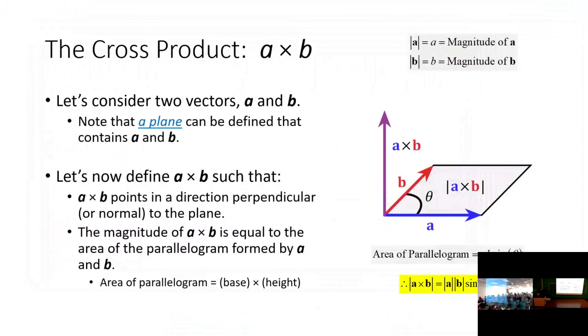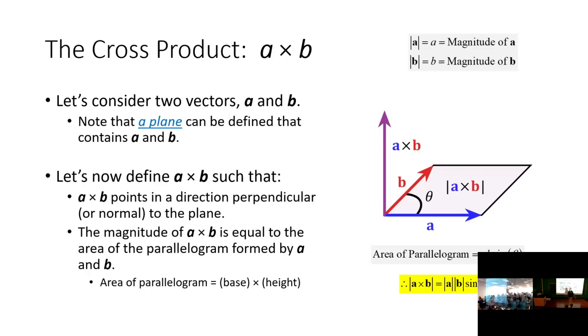If I look at this mathematically, we're going to define the cross product so that the direction is perpendicular or normal to the plane formed by the two vectors, and the magnitude is the area of this parallelogram. If I break out my high school geometry, I can compute the area of this parallelogram as the magnitude of this times the magnitude of that, and then the sine of this angle.